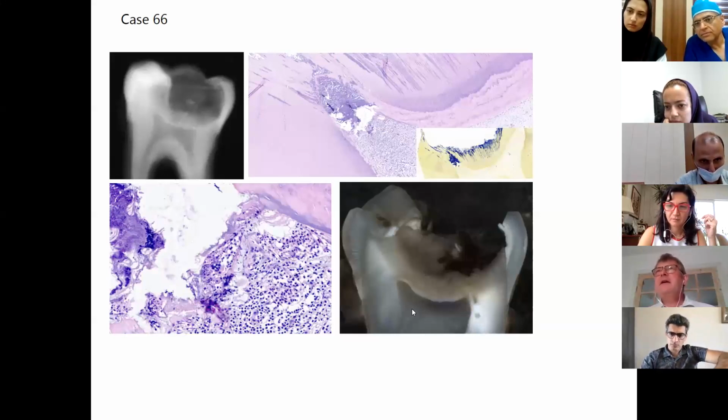Yes, I think it's important, if we are talking about whether or not to cap a very deep lesion, that we have magnification to substantiate our findings.